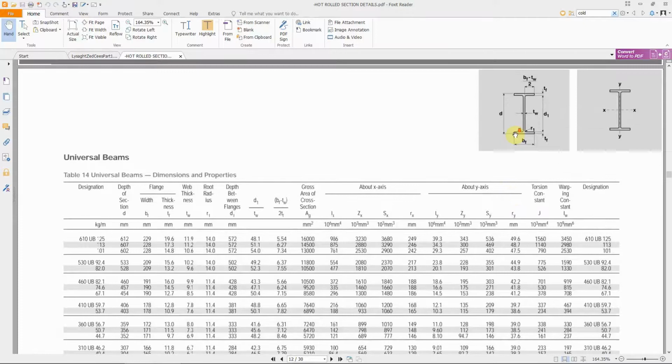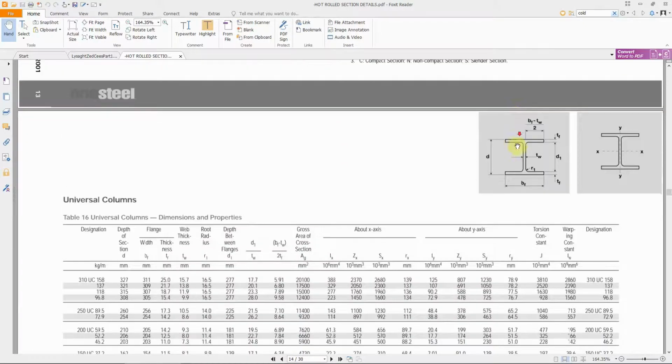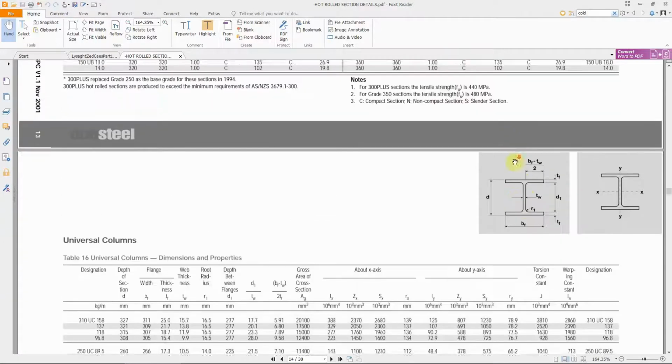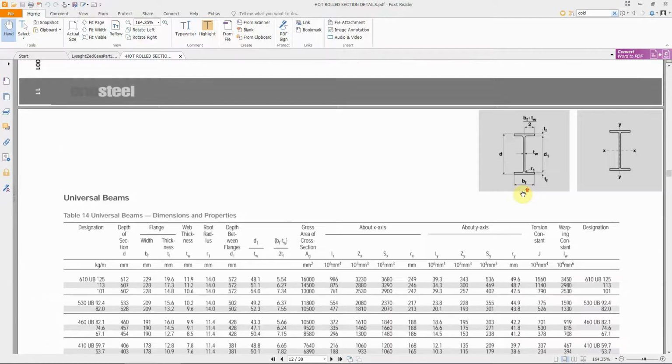Comparing to a very similar shape, we call it universal columns. If I scroll down, it's different, it's short and wide, exactly the same shape but different ratios and different weights, obviously. So the main difference is we call these shapes universal columns and these shapes universal beams.